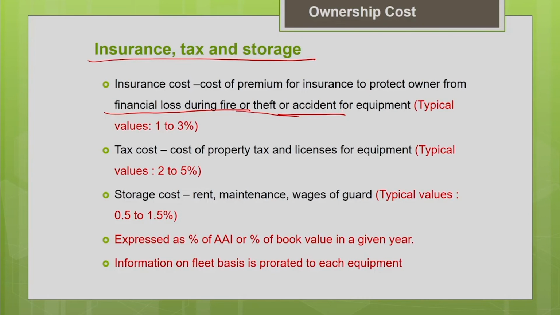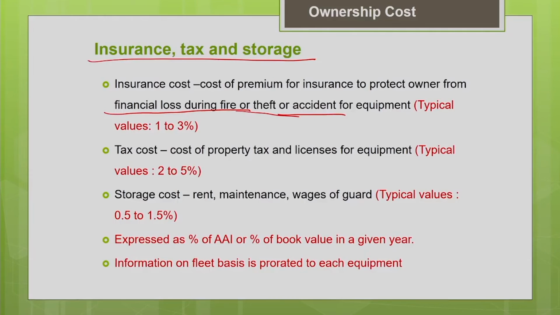So that is a part of the ownership cost. This insurance cost will usually be expressed as a percentage of the value of your machine. The typical value may range from 1 to 3% of the value of the machine. It depends upon the value of the machine, and it will vary depending upon the location.